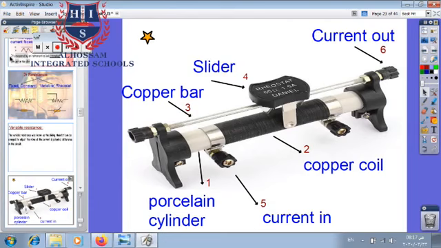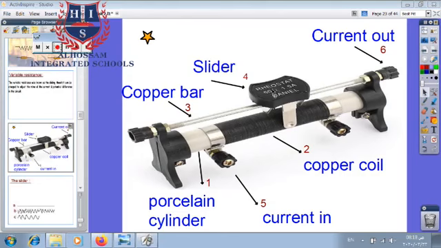This slider can move along the copper bar to control the length of the wire entering the electric circuit. For example, the electric current enters from here, moves through this wire, then to the slider because it is made of copper, then the copper bar, and out from this position.